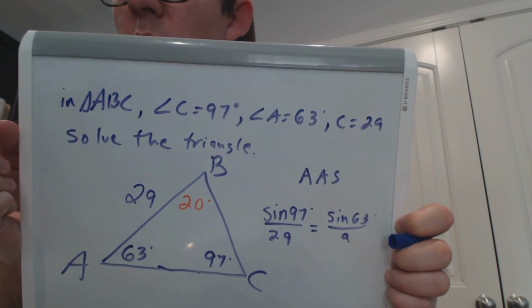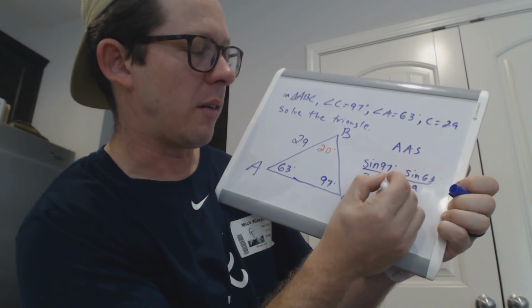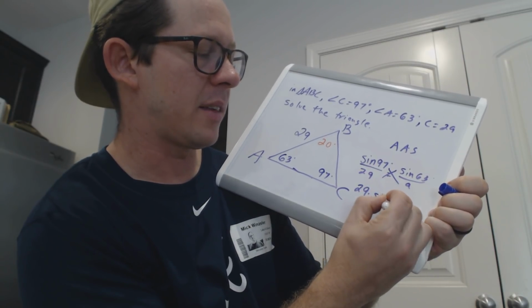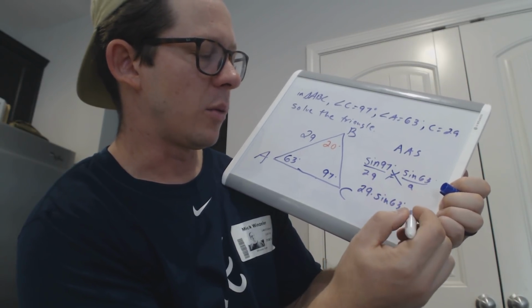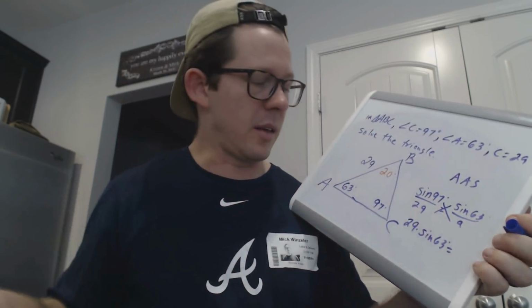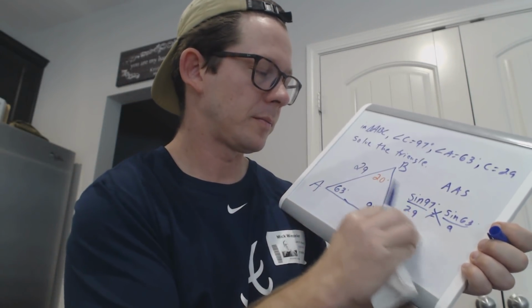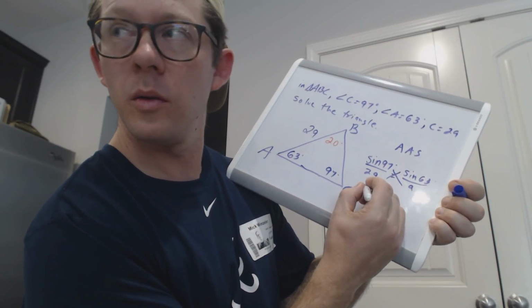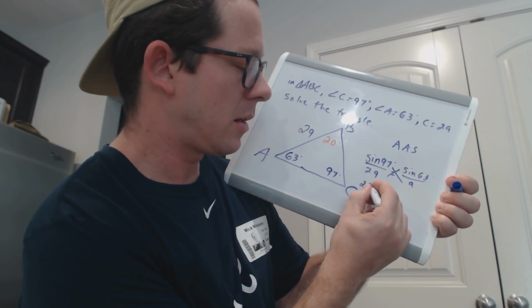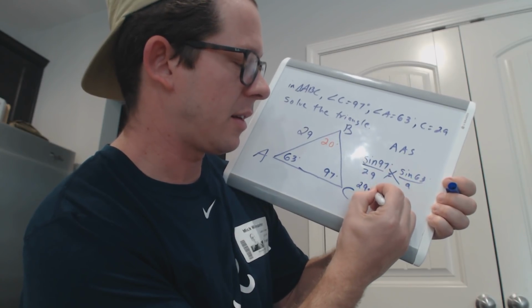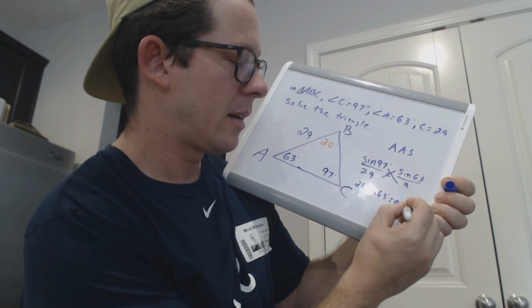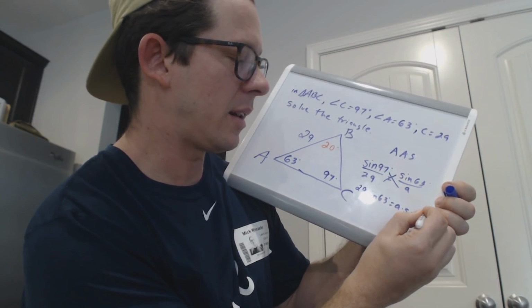So we say 29 times the sine of 63 will equal A times the sine of 97.